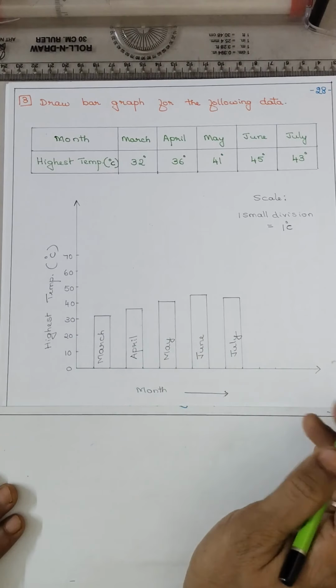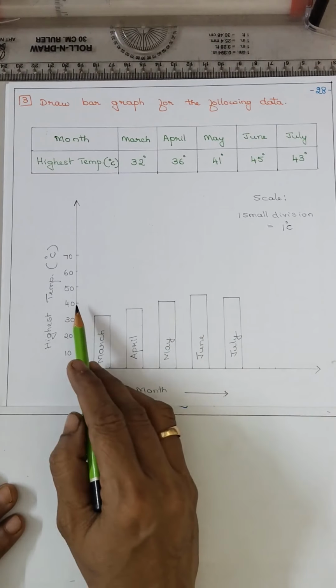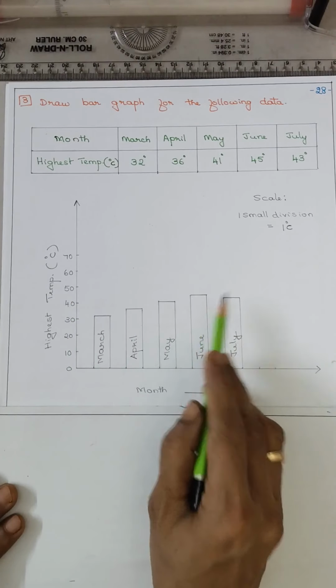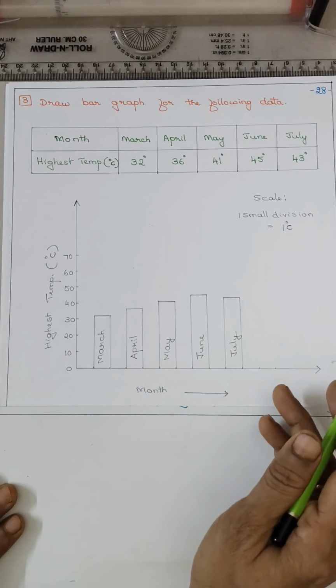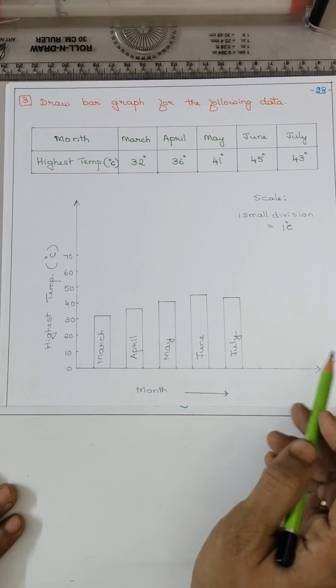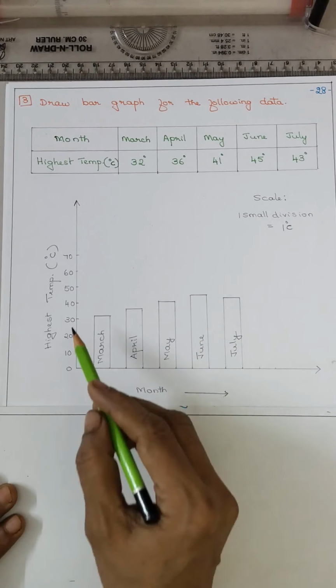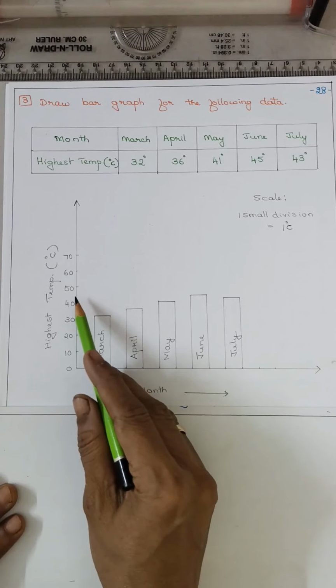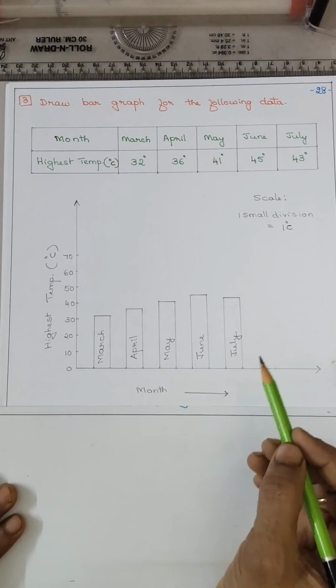And for June 45. 40 और 50 के बीच का just slightly darker one उधर तक and the box. Then 43, 40 के ऊपर 3 small divisions उधर तक.